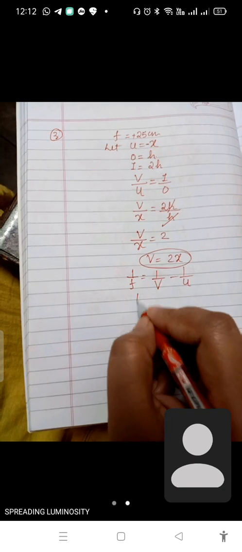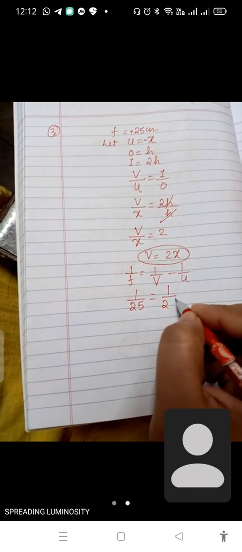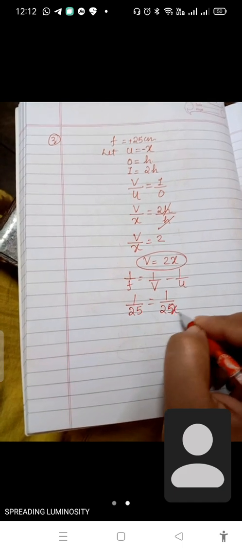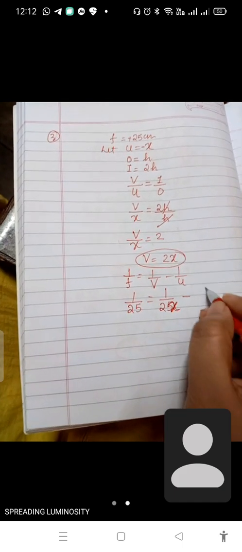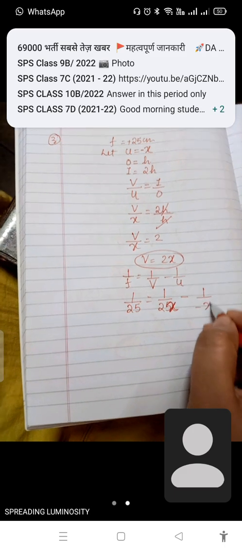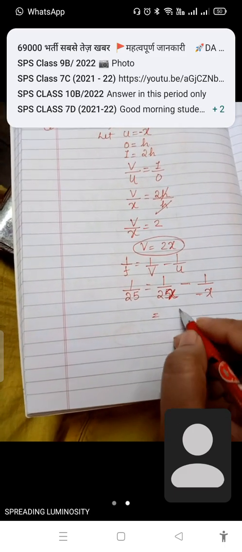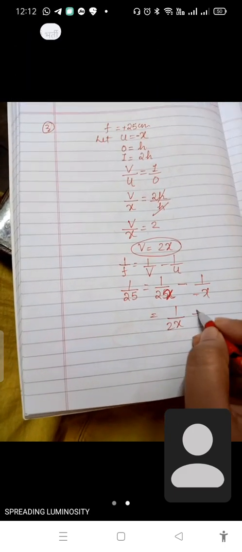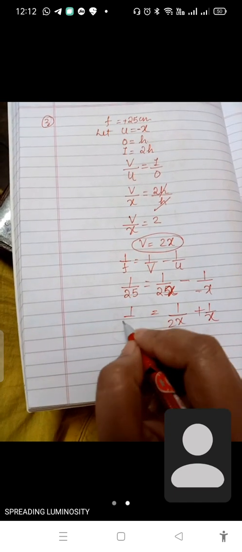Now apply the formula 1 by f is equal to 1 by v minus 1 by u. In place of f, 25. v will be positive, 2x, minus 1 by u is minus x. This is minus minus, 1 by 2x plus 1 by x.